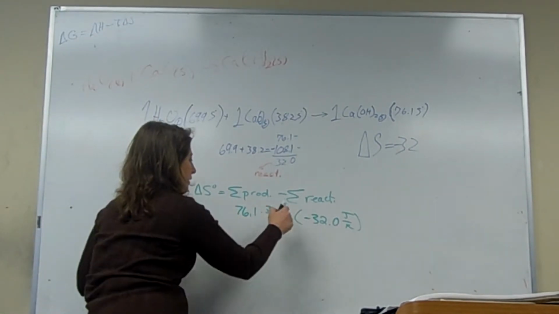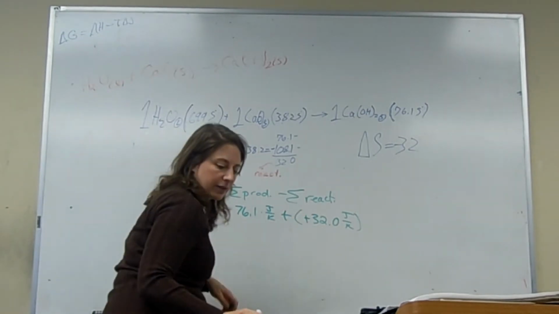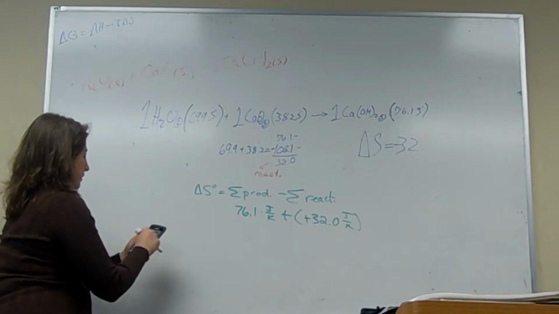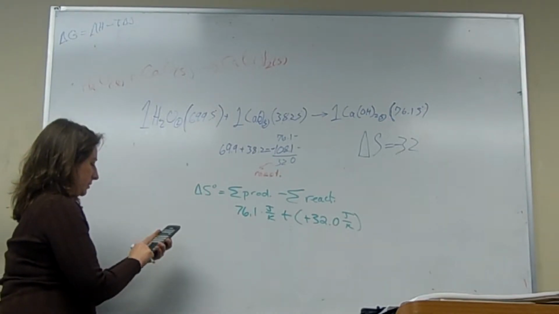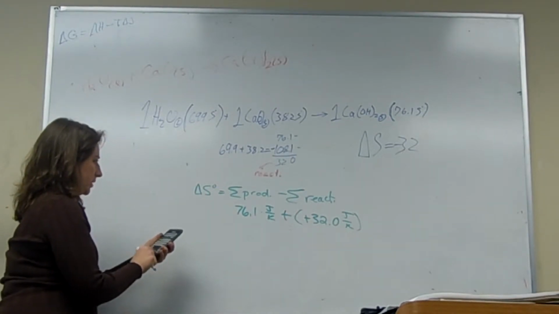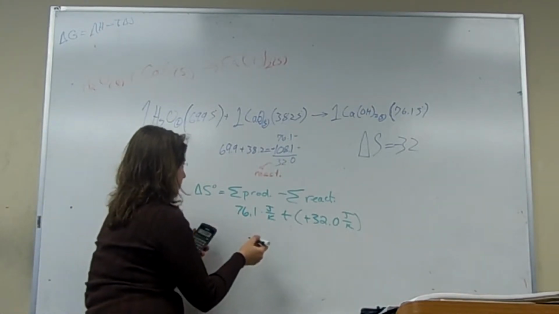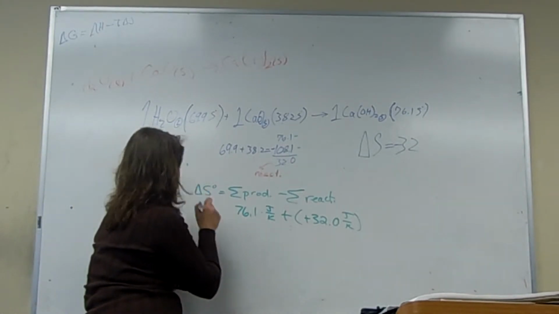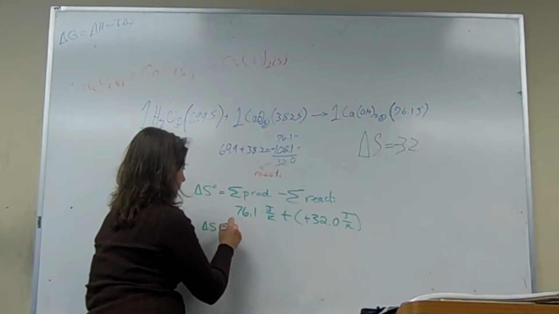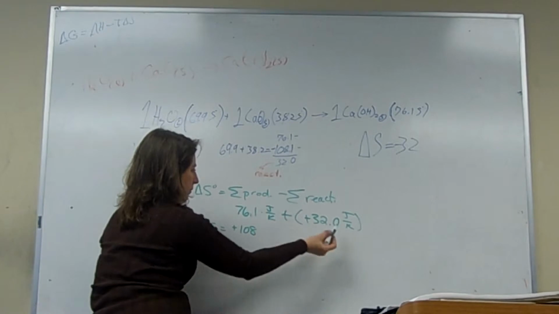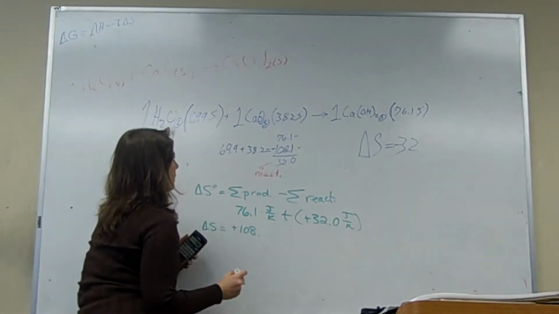And if I double subtract, that means I end up adding them, and I get 76.1 plus 32. I get 108-ish. Is that right? And they both have a tenths place.